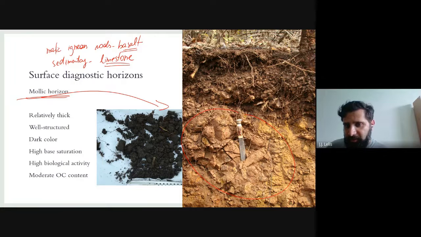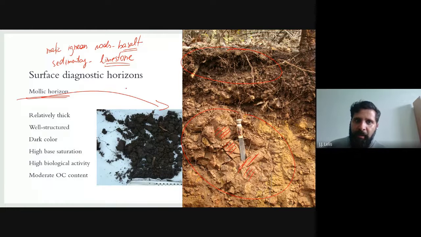Here we can see some pieces of the rock, the R layer and C horizons, from the weathering of basalt. And the weathering of this material is forming a mollic horizon here.